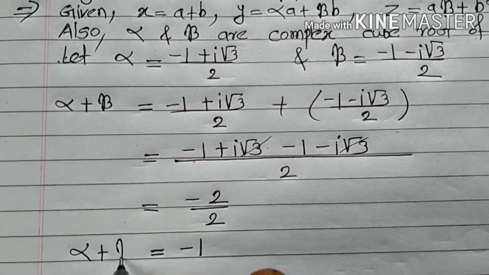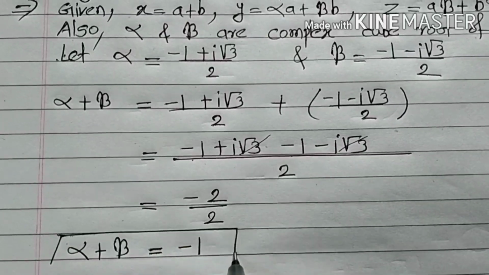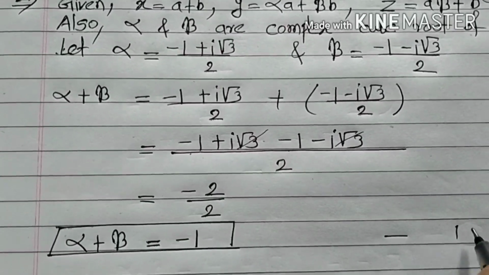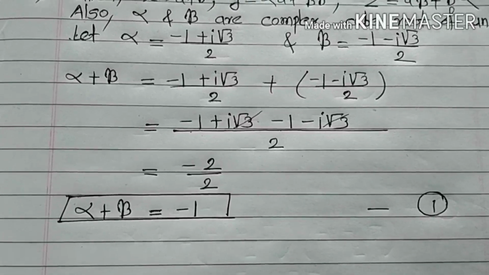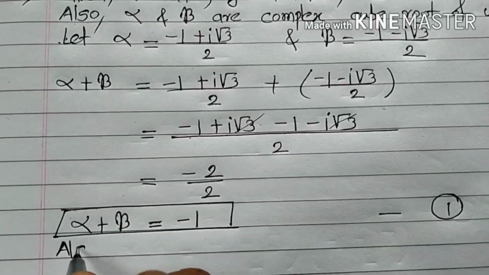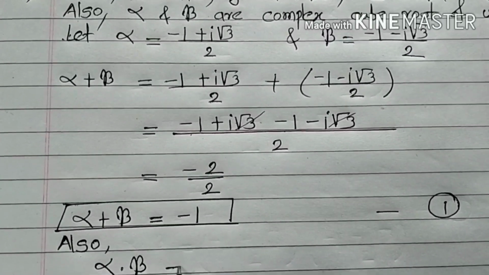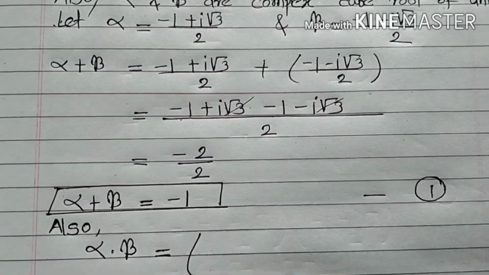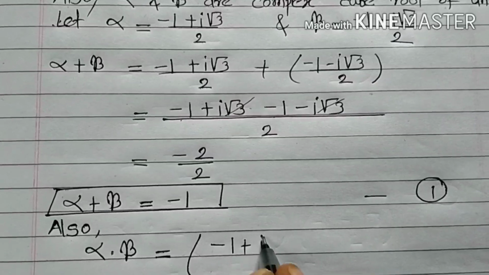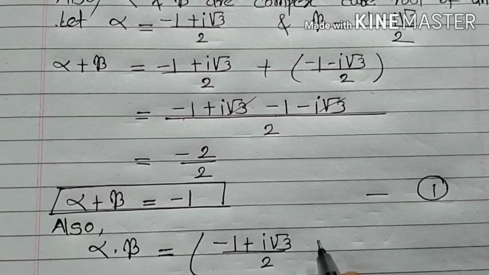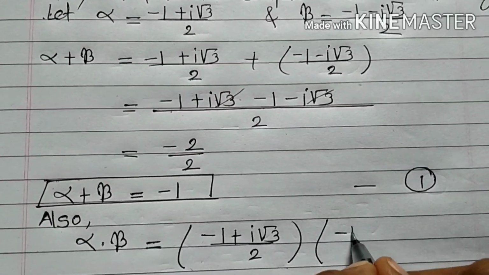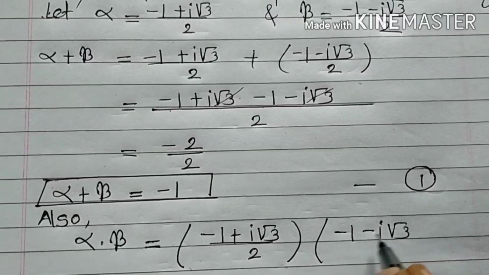So alpha plus beta is equal to minus 1. Give it equation first. Also take the multiplication of those complex roots. Alpha dot beta is equal to the value of alpha, minus 1 plus i root 3 upon 2, times minus 1 minus i root 3 upon 2.